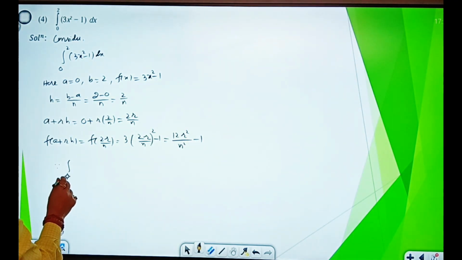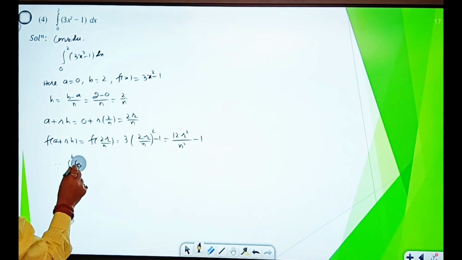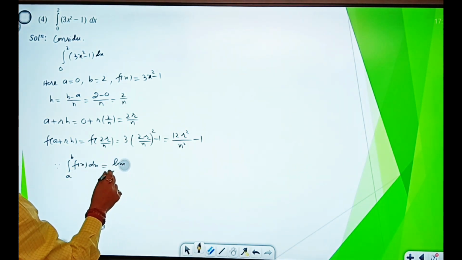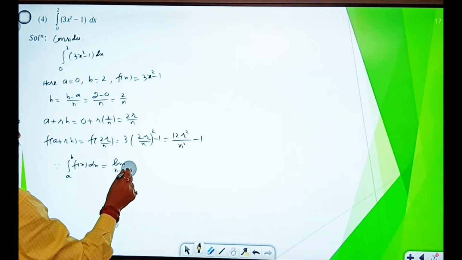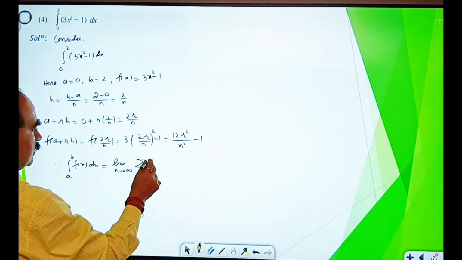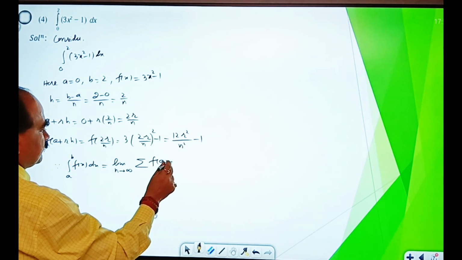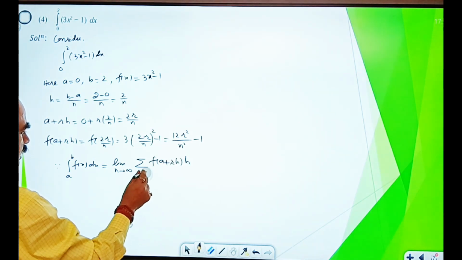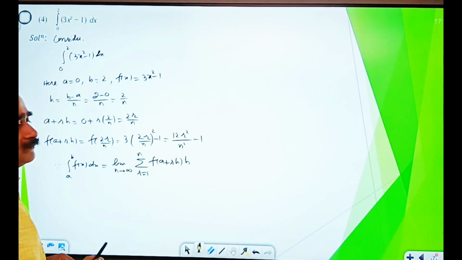Since integral a to b f(x) dx is equal to limit n tends to infinity sigma f of a plus rh into h, r takes value from 1 to n.